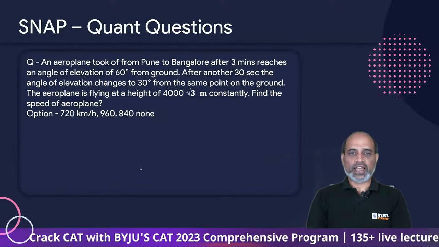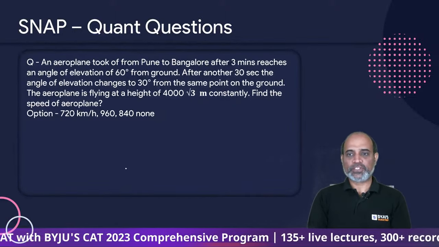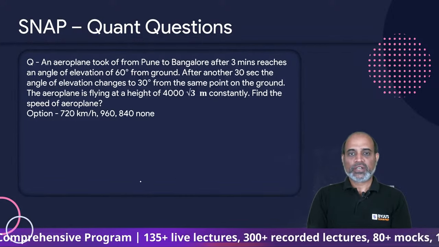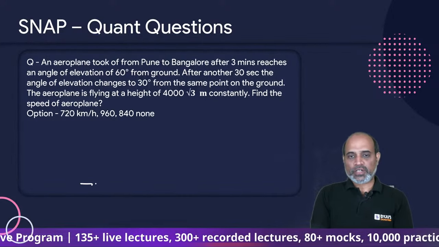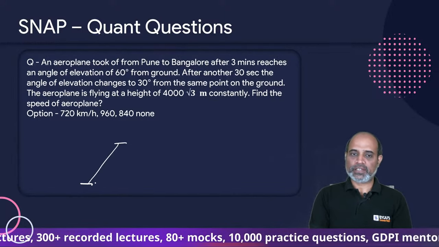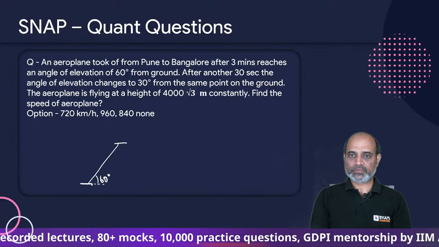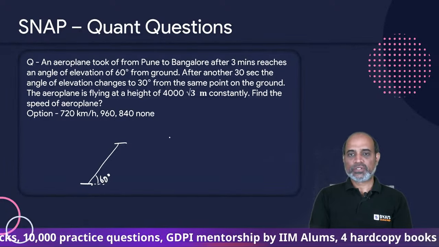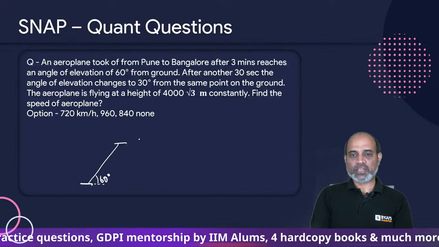Another question. An aeroplane took off from Pune to Bangalore. After 3 minutes, it reaches an angle of elevation of 60 degrees from the ground. So this is the ground and the aeroplane reaches an angle of elevation of 60 degrees. After another 30 seconds, the angle of elevation changes to 30 degrees from the same point on the ground.